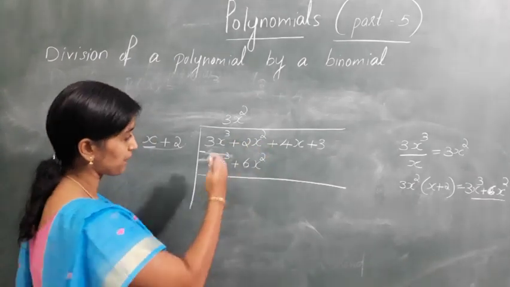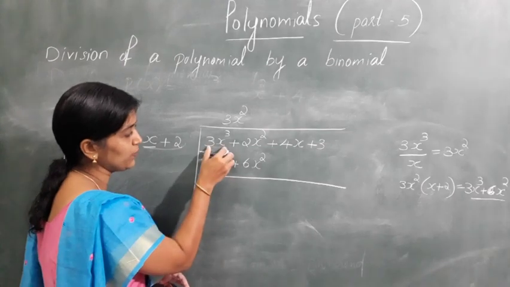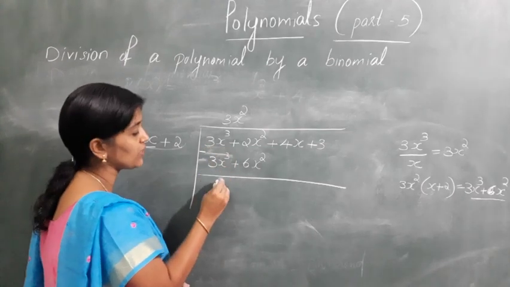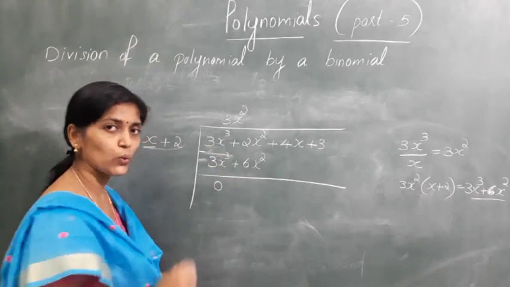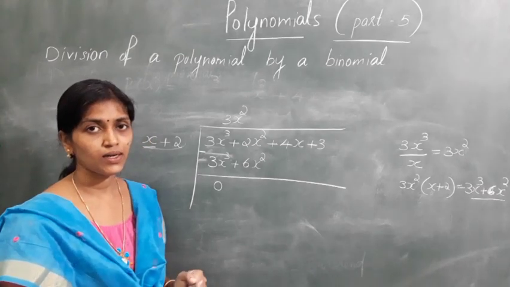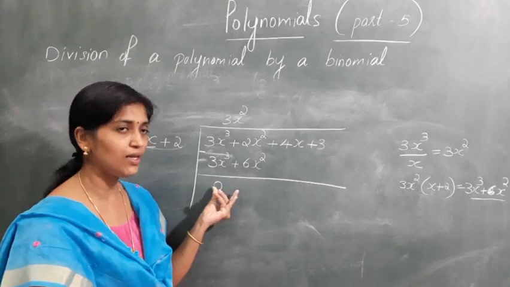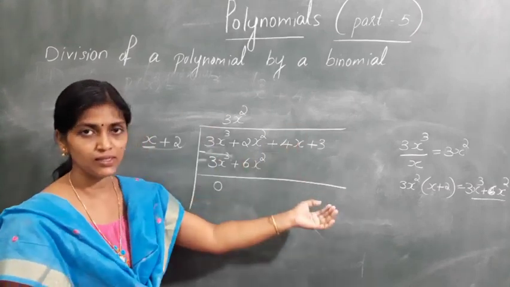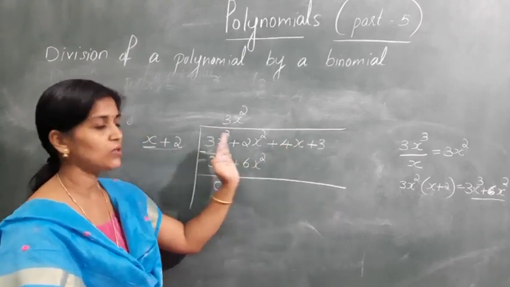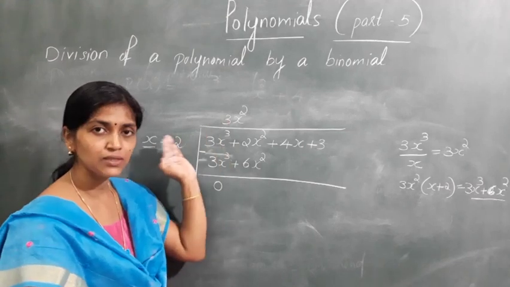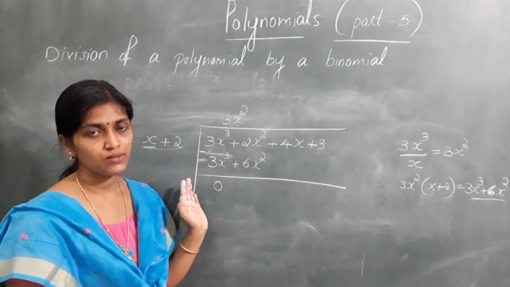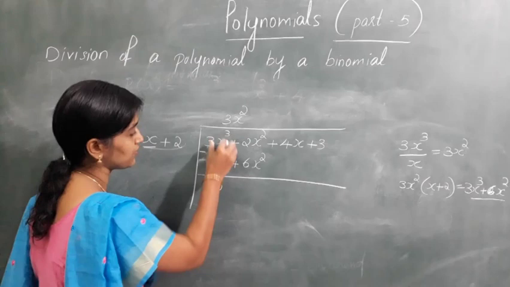So subtract now: 3x cubed minus 3x cubed is 0. Clear? Always in the division of a polynomial, we do all these steps to remove the first term. So we got the first term as 0.